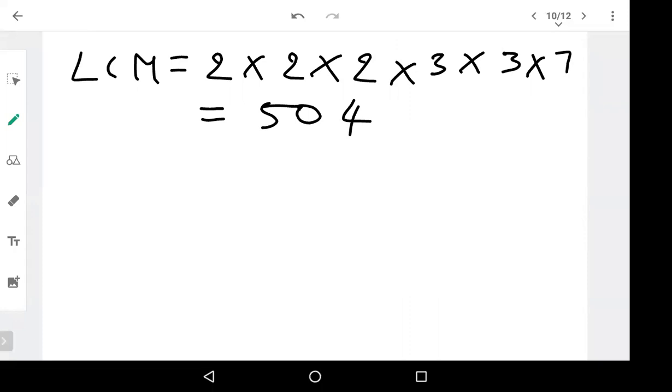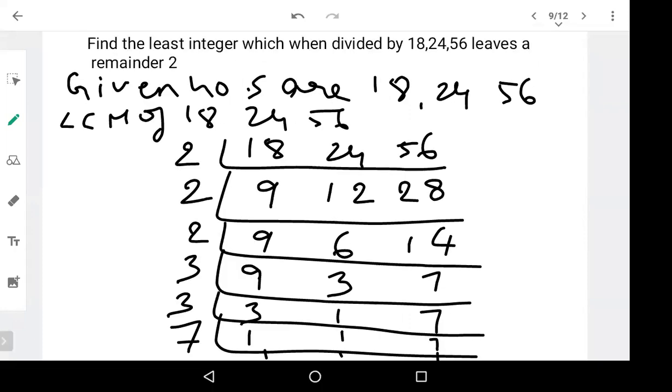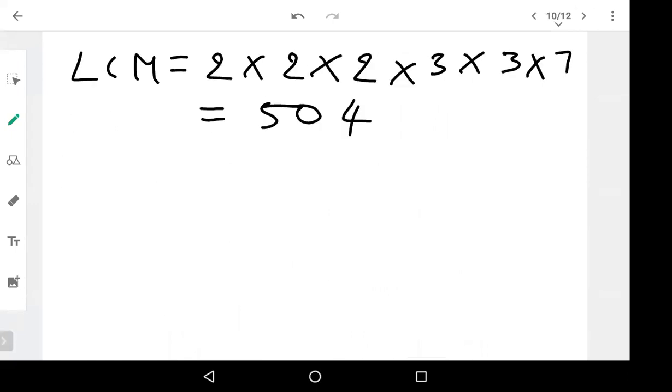Now, what does the question say? The question says it leaves a remainder of 2. Correct? Now, what we are supposed to do is write down below that.